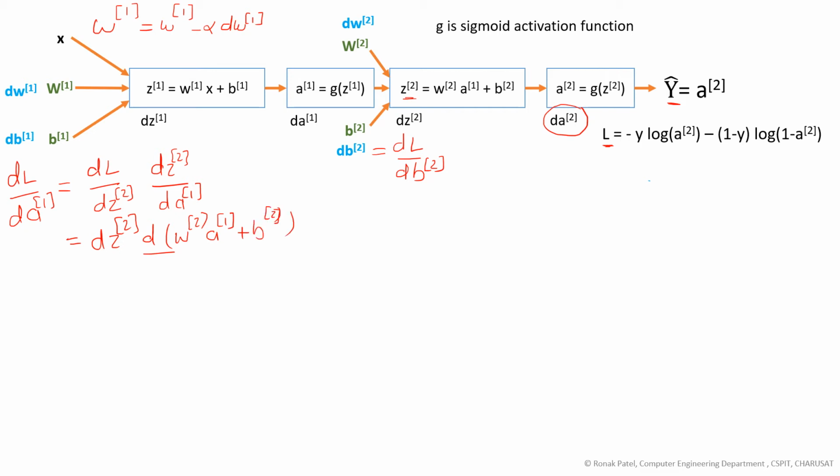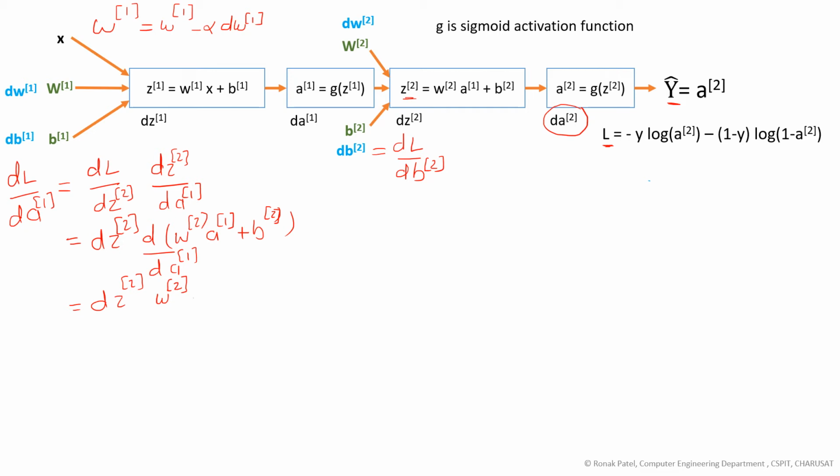So it's the same way that we calculated dz2 upon dw2, you can find out dz2 upon da1. In this case, dz2 stays as it is. Now this term w2 is constant, and da1 upon da1 will be 1.